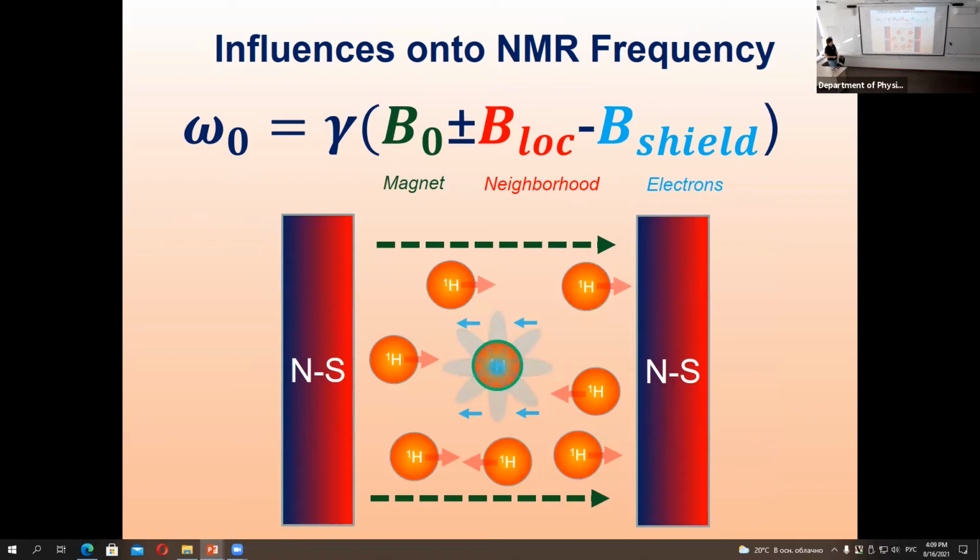Let's imagine we have a very homogeneous magnet, and then we are talking about nuclei. All nuclei have their own magnetic moment, spin magnetic moment. This is a kind of small magnet, and they try to align along the field or opposite the field.